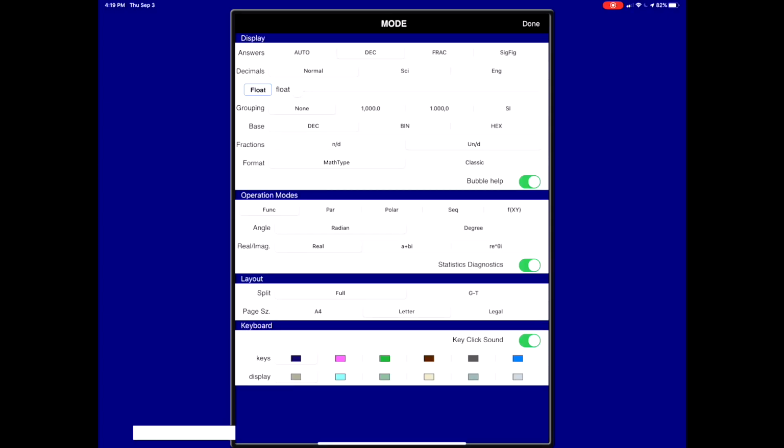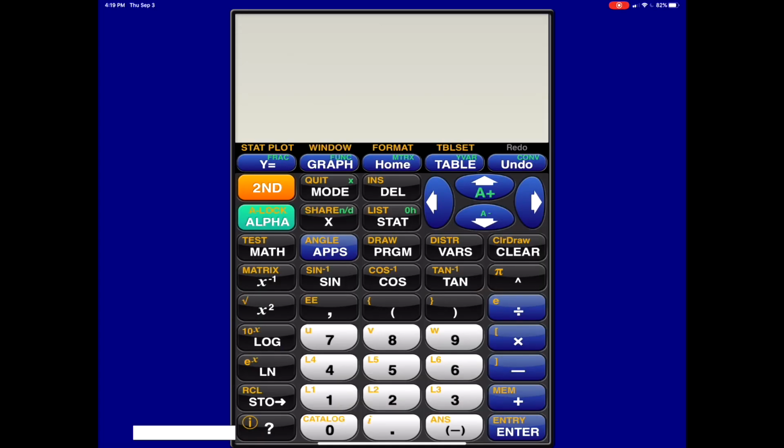Make sure you're in degrees. We had second arc cosine of -3/5, or -0.6. Enter.